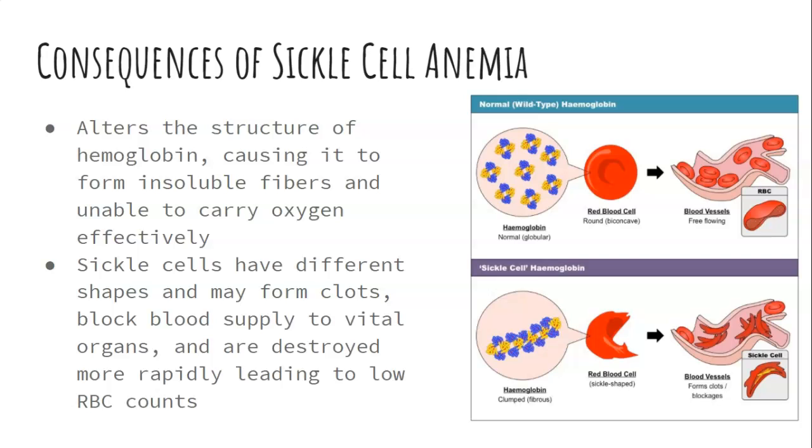Because it's shaped so differently, its ability to form clots and block blood supply is pretty high because it doesn't flow smoothly through arteries and veins. Because they aren't shaped normally, the body fights against them, so they're destroyed pretty rapidly. And so it leads to low red blood cell counts within the body, which is also a negative side effect of this.